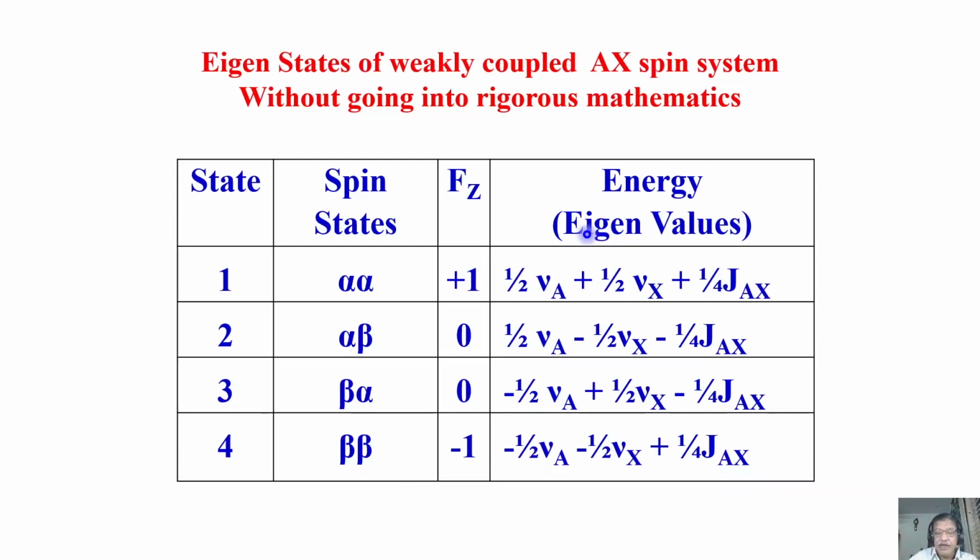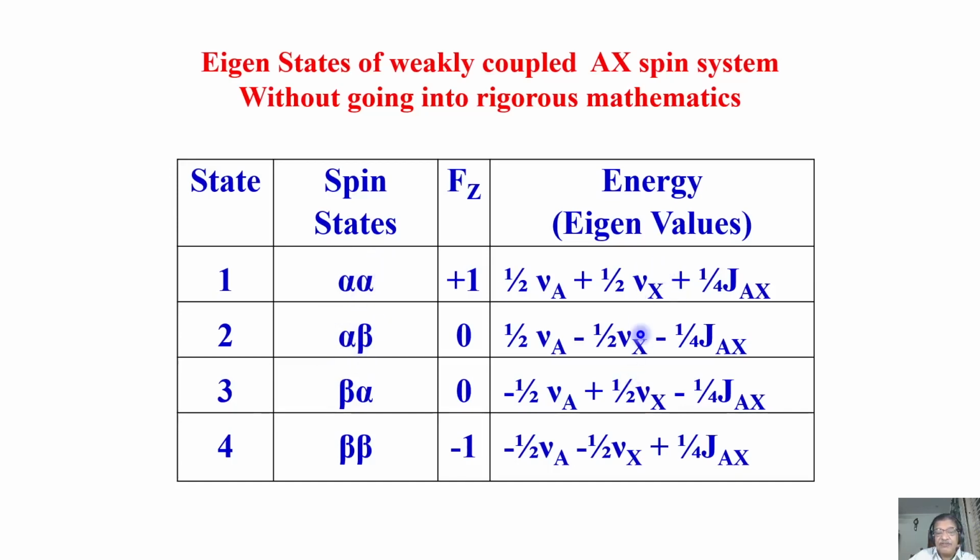Now remember, we know what the possible transitions are. For example, the first one is A and the second is X, in the same order, AX, AX, AX, and I have written it like this. What about the transition between 1 and 2? A has not changed its spin state; it remains alpha, whereas X has changed from alpha to beta.